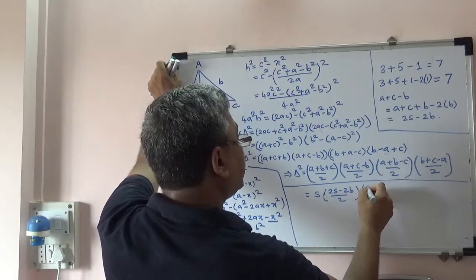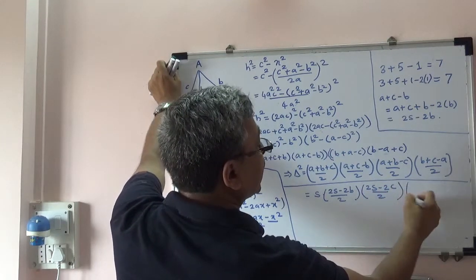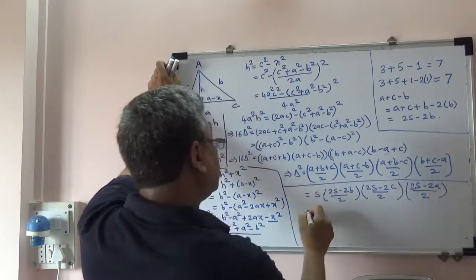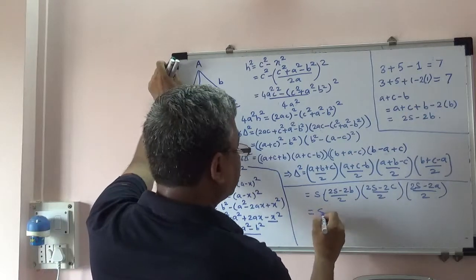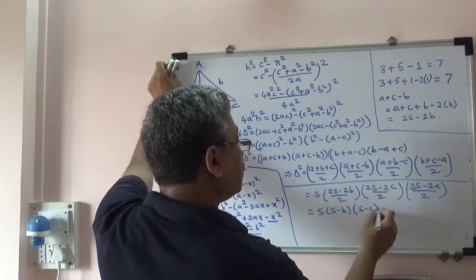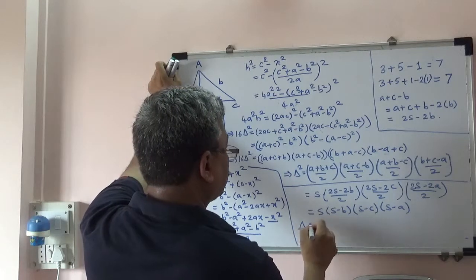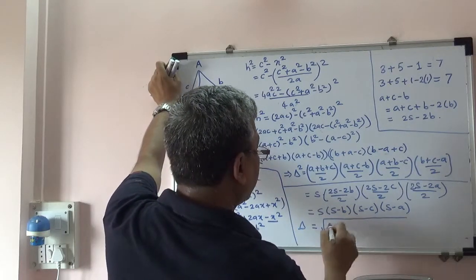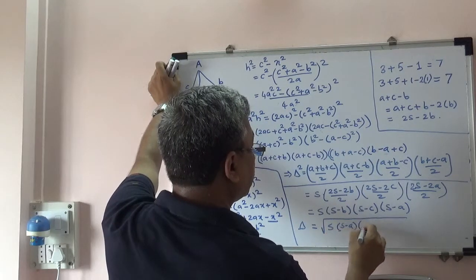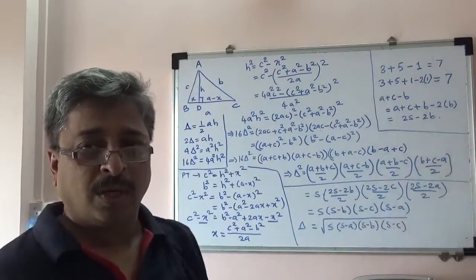Similarly, the third bracket will be 2 times s minus 2 times c upon 2, and fourth bracket will be 2 times s minus 2 times a upon 2. This gives us the final result s into s minus b into s minus c into s minus a, which is delta square, and if we take square root of both sides, we get delta equals square root of s into s minus a into s minus b into s minus c. That is the proof of Heron's formula.